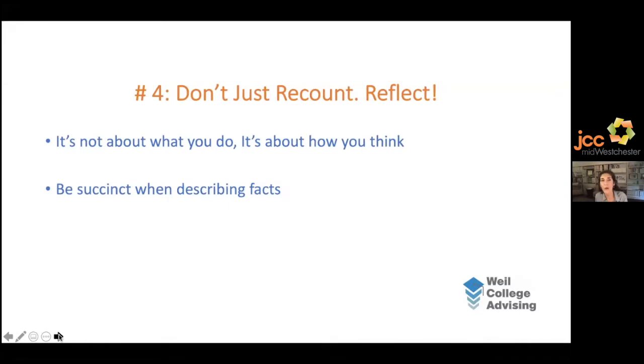How you incorporated what you learned into your life and what you did about it. So I always say one third of the essay is what happened, two thirds is what you did about it. So I start deleting when they are really describing facts and going on and on and on with the facts. Keep it short, keep it basic.